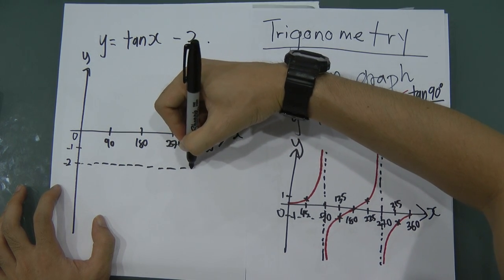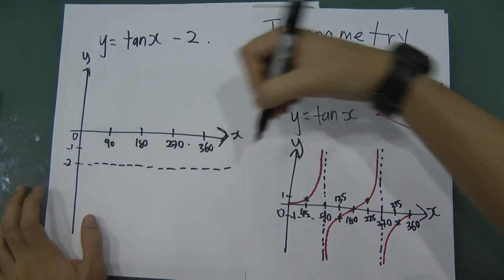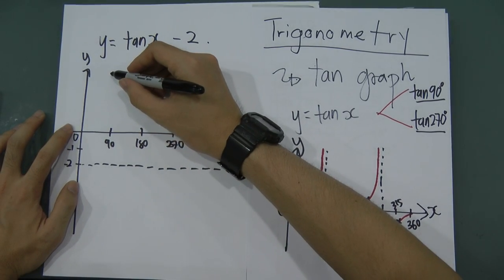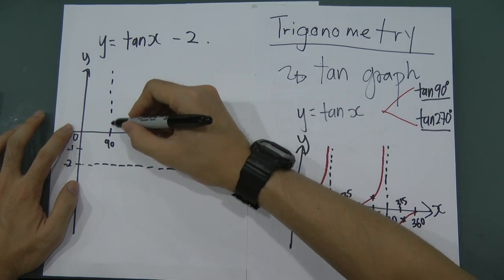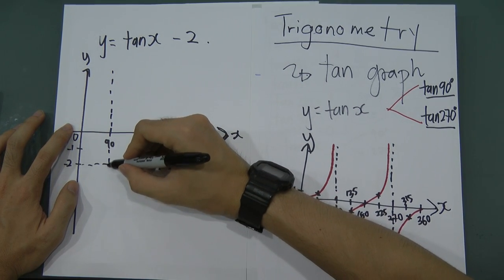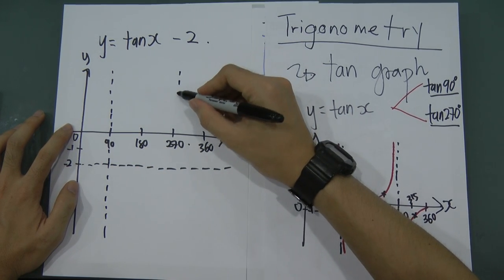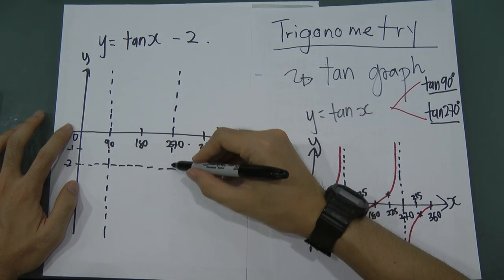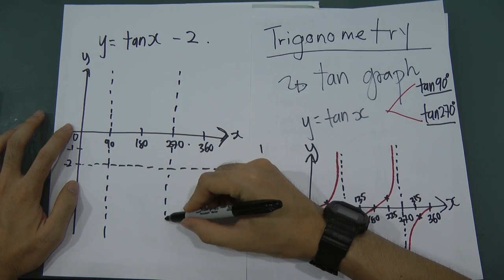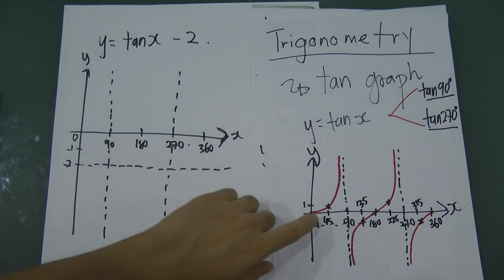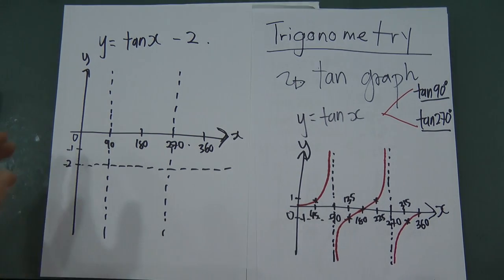This is negative 2. Same thing, 90 and 270 are very important because this is a tangent graph. Okay, done. Because of minus 2, all of your y values will be minus 2.